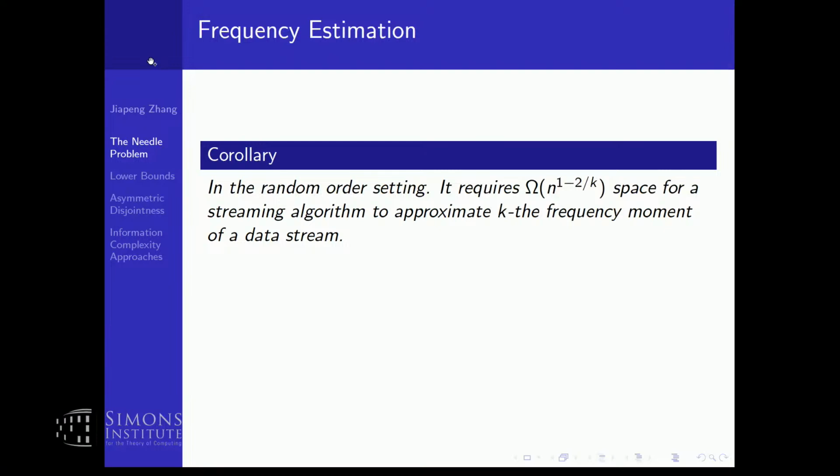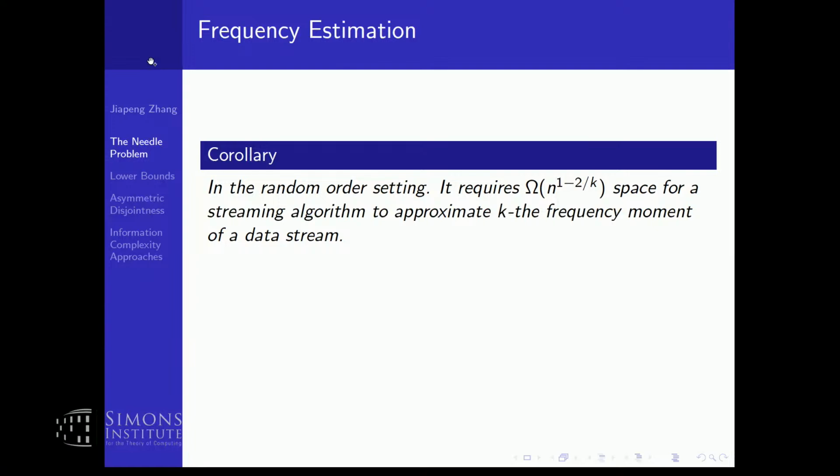One application is in the frequency estimation setting. Frequency estimation is a really important problem in streaming algorithms, where you want to estimate the frequency moment of a data stream. But I won't spend too much time on it.